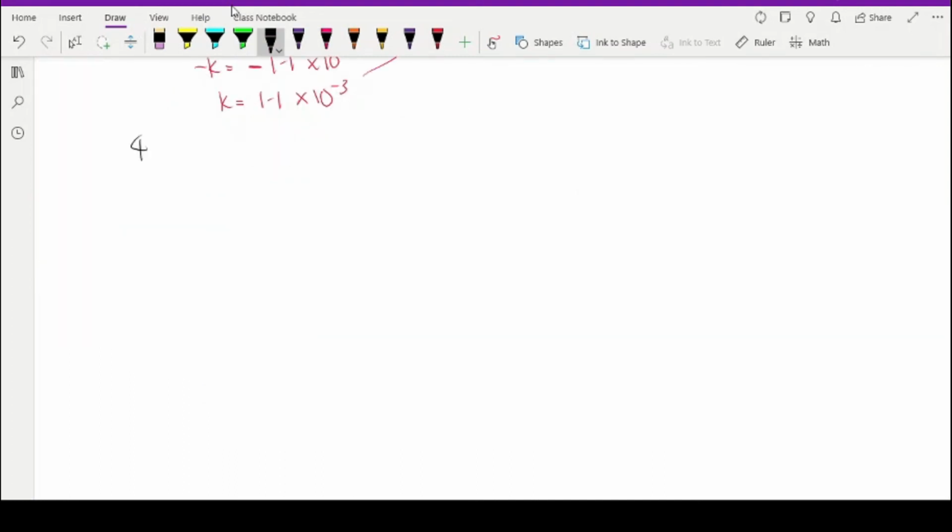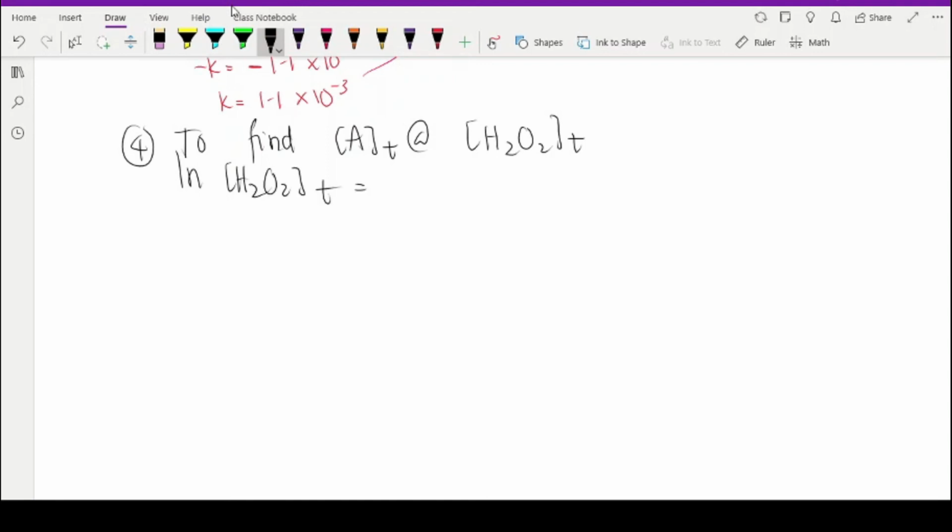So the last step would be to find your At, or to be more precise, you could say it as H2O2 at t. So ln H2O2 at t is equal to negative kt plus ln H2O2 naught. What is our gradient just now? This one got negative, so put on negative in front of it.